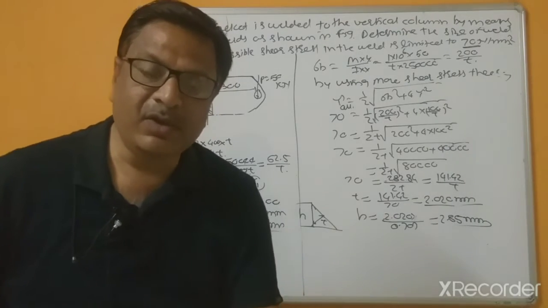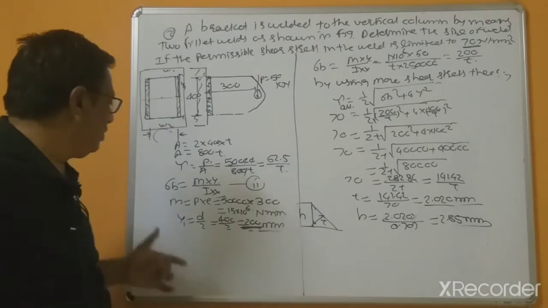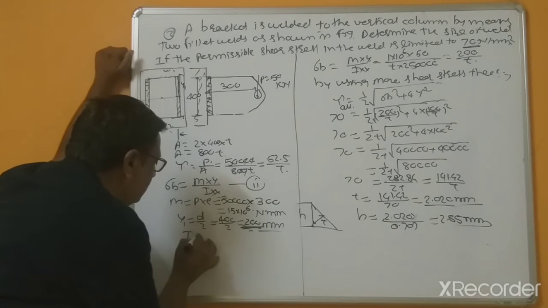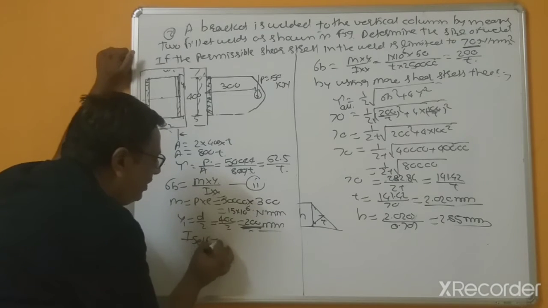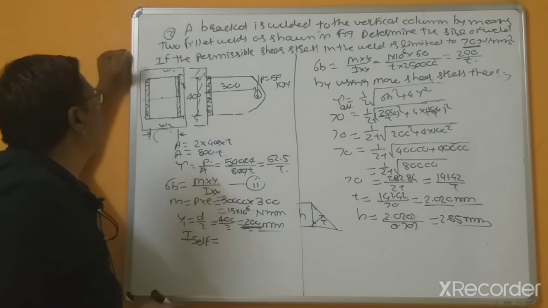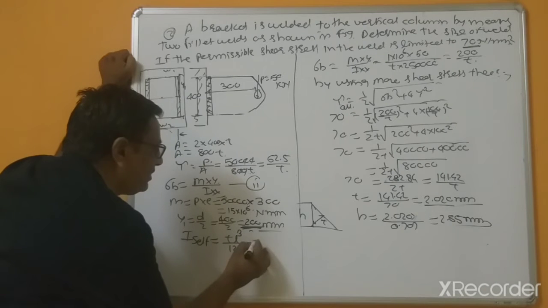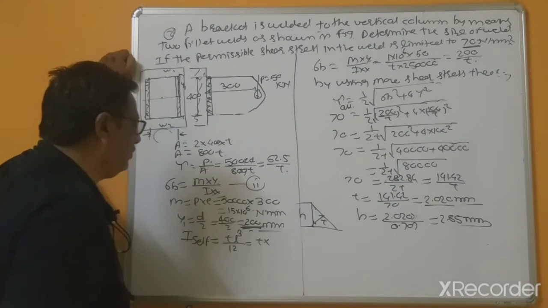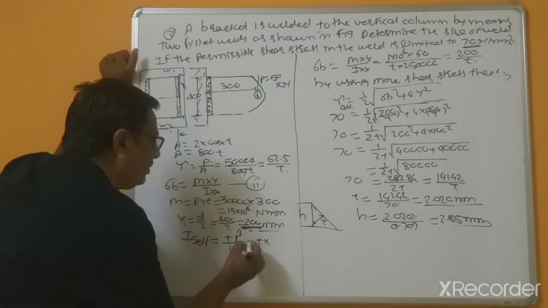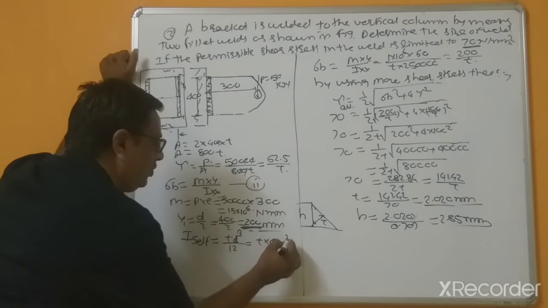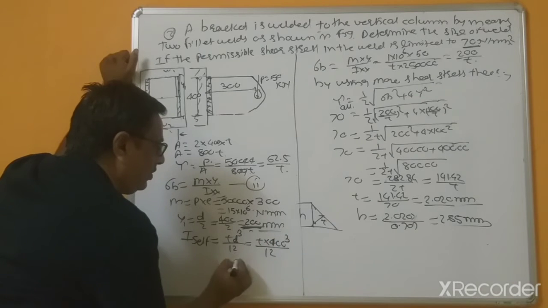Now in this case, the self moment of inertia equals the general formula T into L cube divided by 12, so T into D, 400 cube divided by 12.